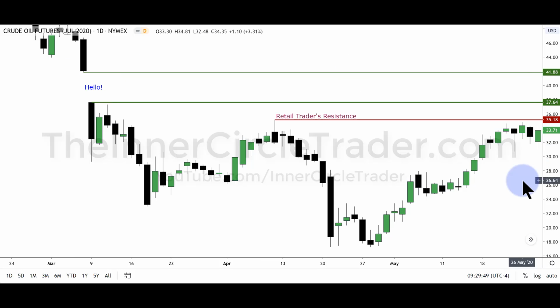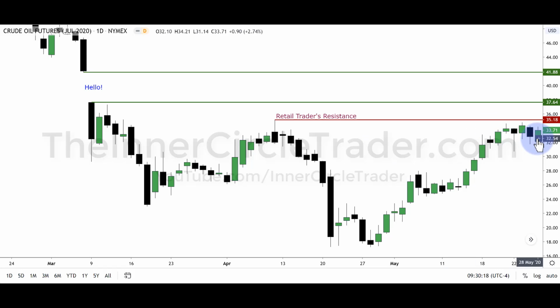Now, how can we use that as a bias or a tool for bias? Well, right away, we are looking at a market that is predisposed to go higher, more likely to go higher than lower, regardless of this so-called retail trader's resistance. If we go forward in the future, we would expect to see the bias be bullish, and this is Thursday's trading here, May 28th of 2020.